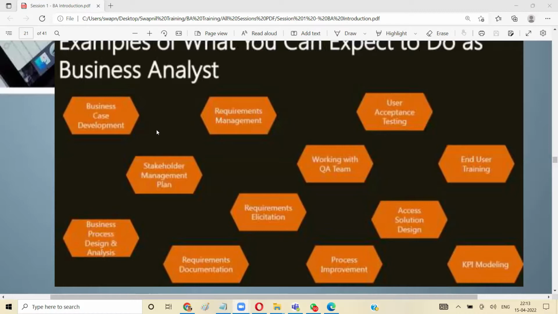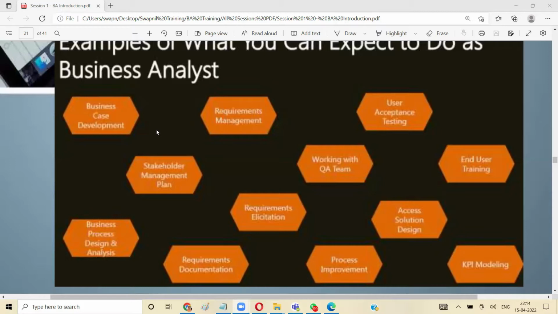At least by the definition, you know what is business case development, what is requirements management, UAT, stakeholder management plan, working with the QA team, end user training, requirements elicitation, assess solution design. Yes? Yes, sir. Great. So now moving ahead.